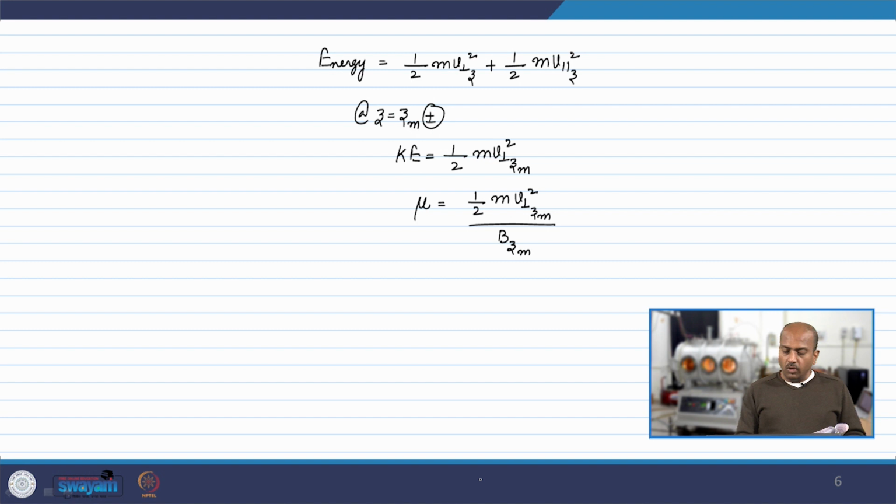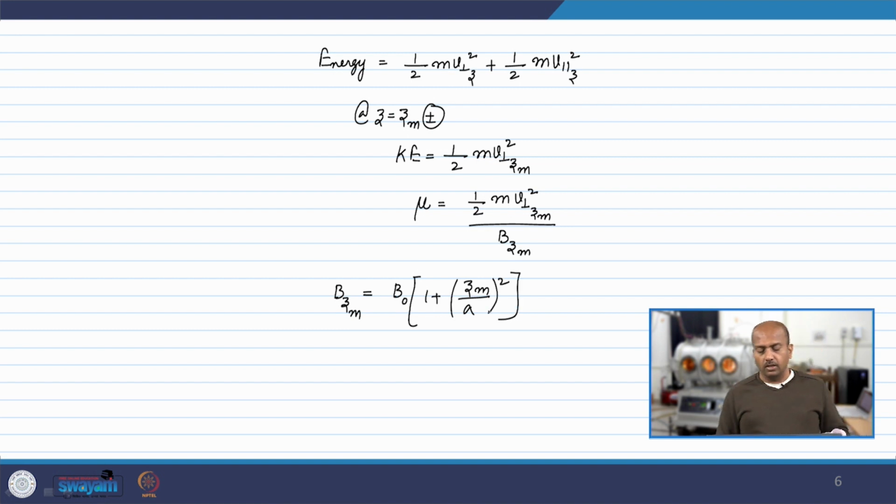Now what is B zm? We know what B of z is. So we will substitute z equals zm into that expression, then we have the magnitude of the magnetic field at the mirroring point. I hope you are following.